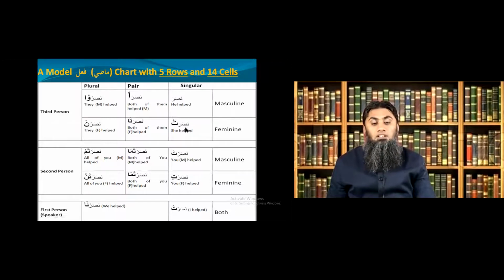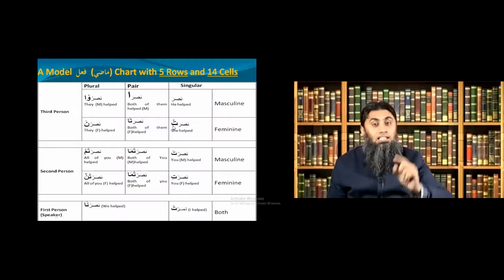Look at the next one, nasarat. So at the end you have ta with sukoon. This ta with sukoon at the end means that this time the doer is who? She. Clear? If it is nasarata, so ta and alif. Remember this point we discussed before, that ta is here to tell you that this is feminine. This is called ta of femininity.